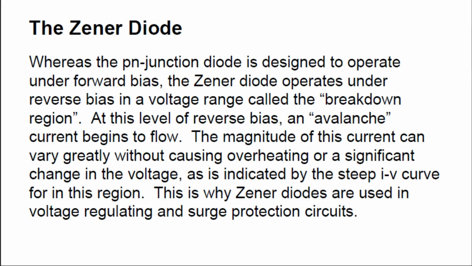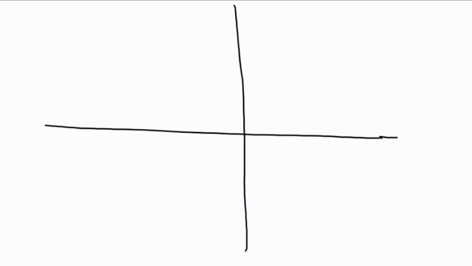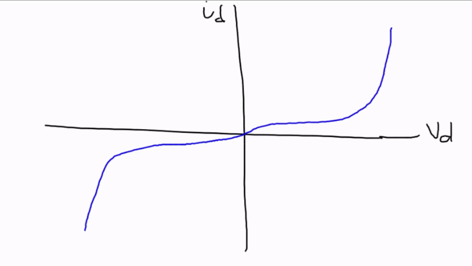Alright, so there's I, and there's our V, voltage across the diode. And here we've got our IV curve.